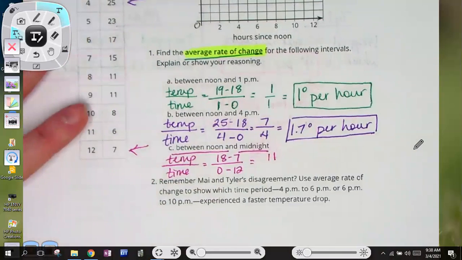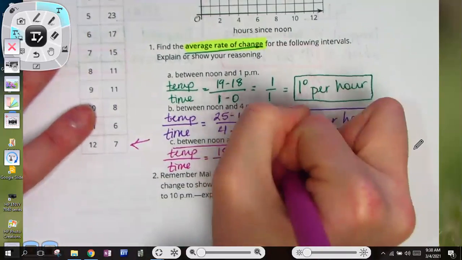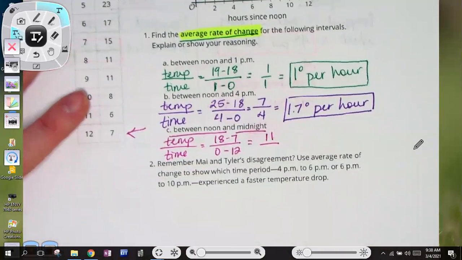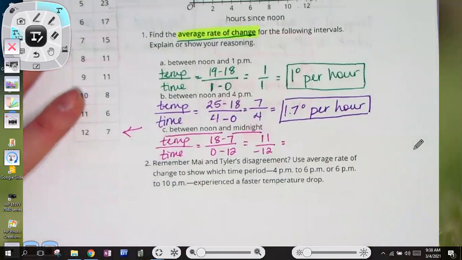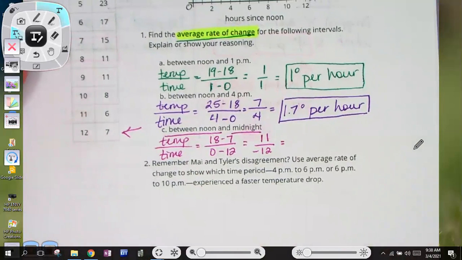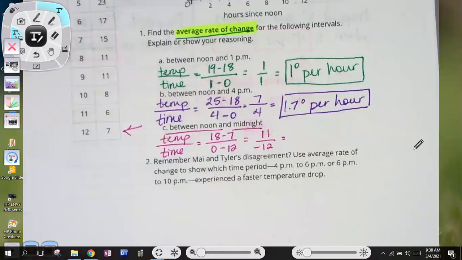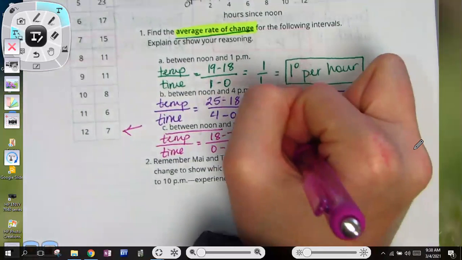11. I'm sorry, Liz. What is 0 minus 12? Negative 12. Now what is 11 divided by negative 12? Negative 0.91.